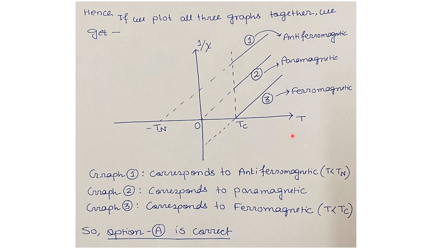From here we can conclude that graph 1 corresponds to the antiferromagnetic material for T less than Tn, graph 2 corresponds to the paramagnetic material, and graph 3 corresponds to the ferromagnetic material for T less than Tc. So according to the options, option A is the correct answer for our question.